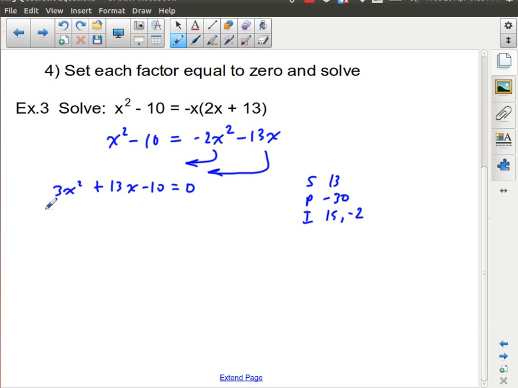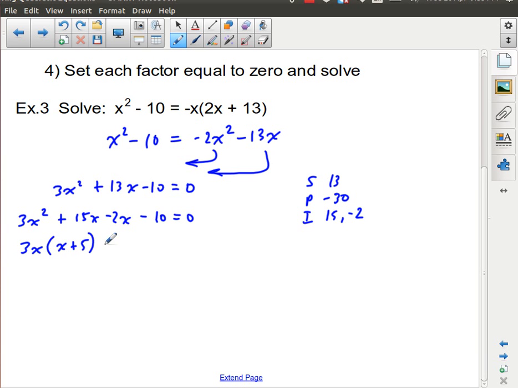So now I write this. Since I'm going to be splitting this 13x, I'm going to move a little further to the left here to make even more room. So I can write plus 15x minus 2x minus 10 equals 0. I made a little bit of extra room because I knew I was going from 3 terms to 4 terms. The common factor of these first 2 terms is 3x, leaving me with x plus 5.